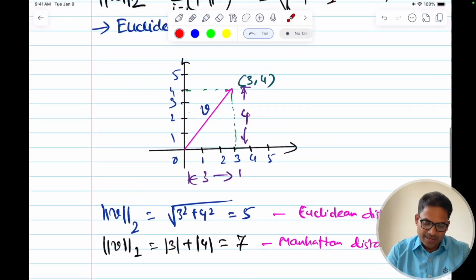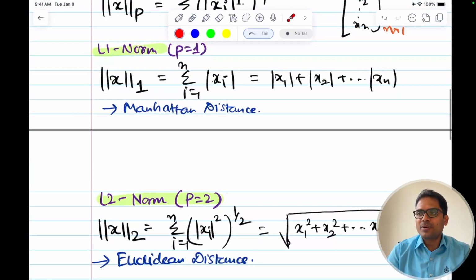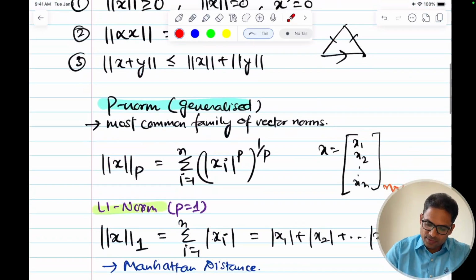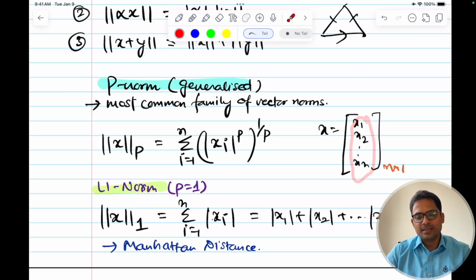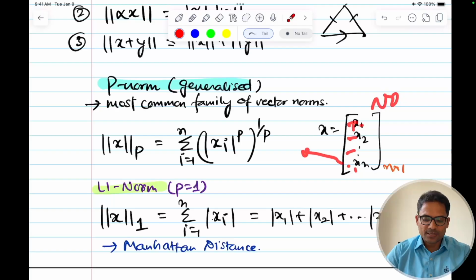For example, if I sum all the vector elements, can we take that as a norm? Yes or no? No, right? Because if there are positive and negative values, they can be towards the negative axis also.